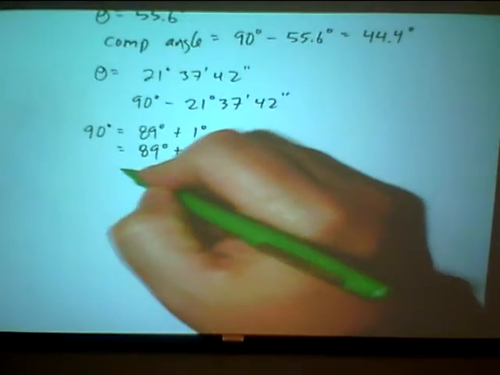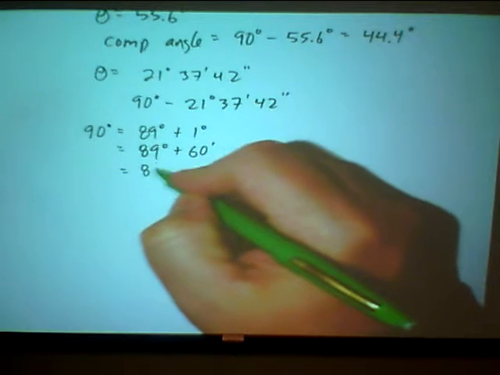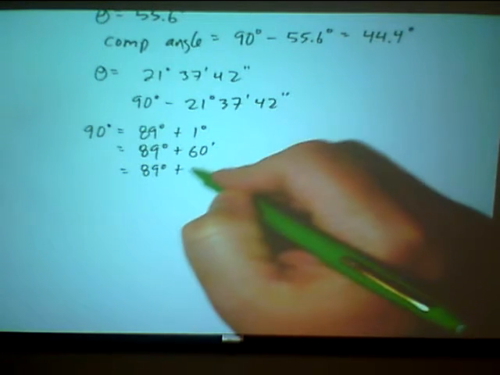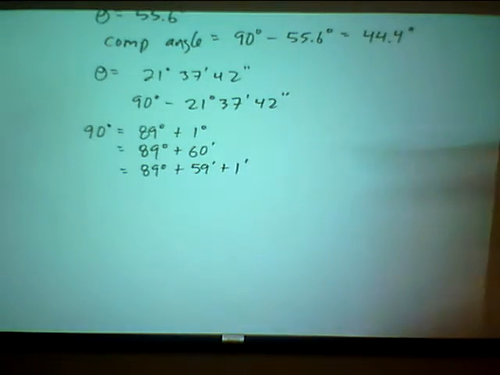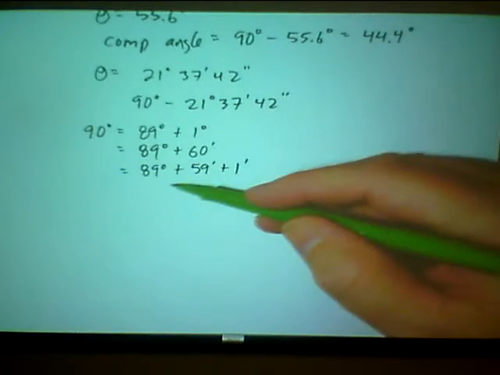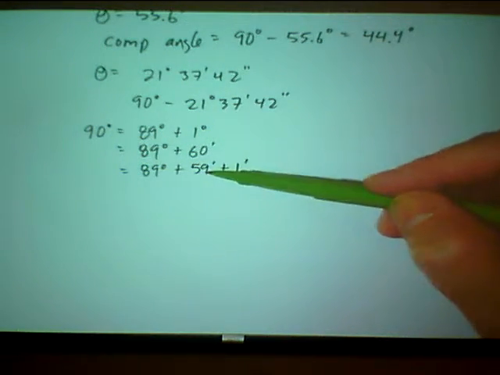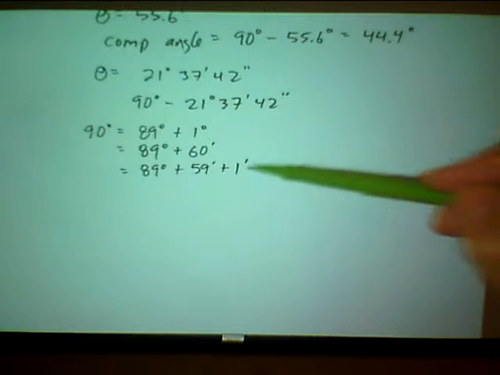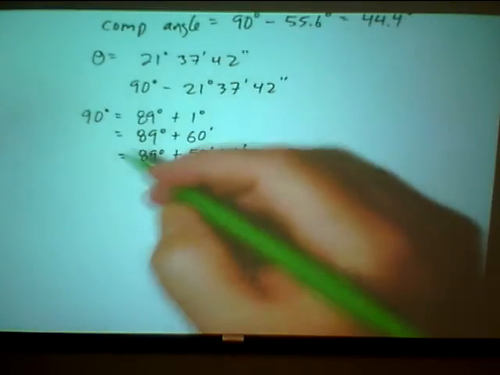But then I'm going to go ahead and break up this 60 minutes into 59 minutes plus 1 minute. Right? So now I'm saying 90 degrees equals 89 degrees plus 59 minutes plus 1 minute. And then finally I'm going to convert this 1 minute into 60 seconds, since I know 1 minute equals 60 seconds.